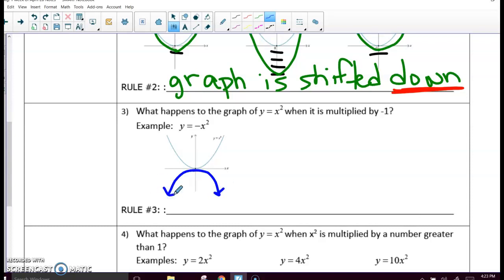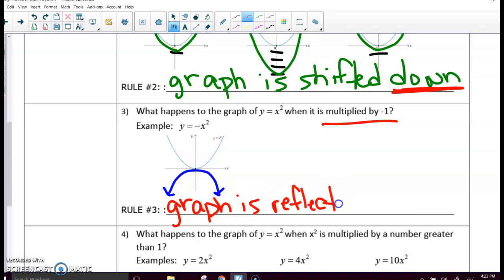So when y equals x squared is multiplied by -1, my rule is the graph is reflected over the x-axis.